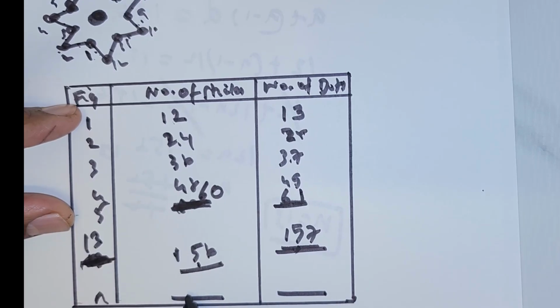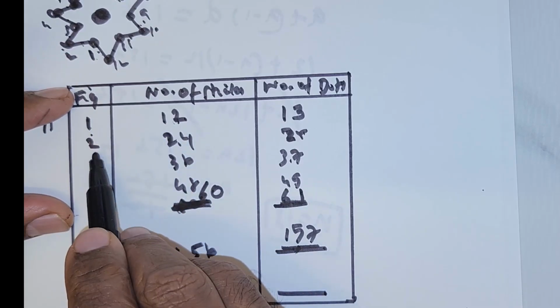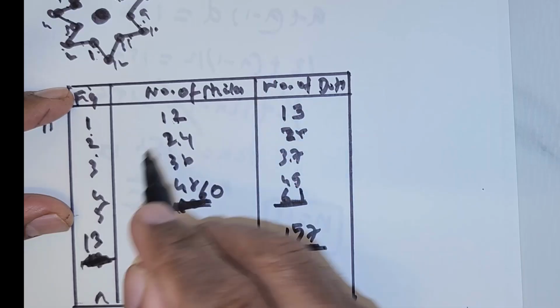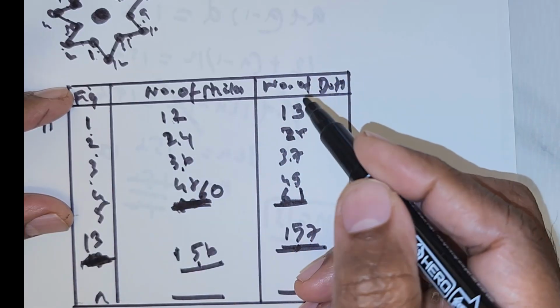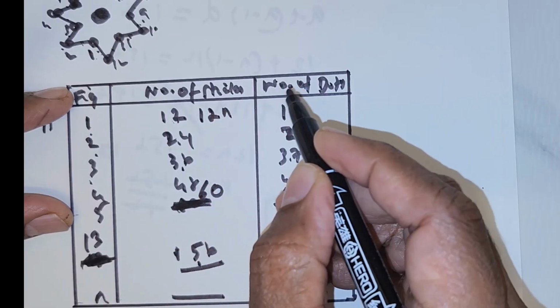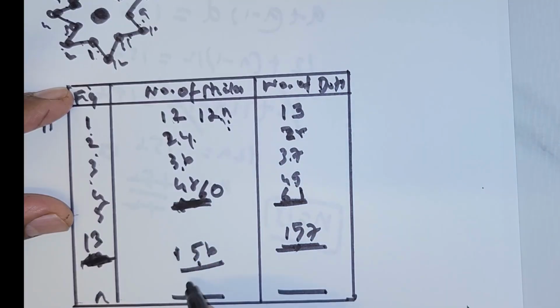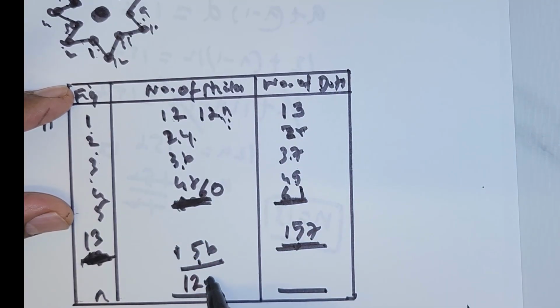So we have to find out the nth term. Okay, so when n is equal to 1, we have 12. When n is equal to 2, we have 24. N is equal to 3, we have 36. So clearly the term is going to be 12n here. N is equal to 1, you get 12. N is equal to 2, 24. N is equal to 3, 36. So this value is going to be 12n.